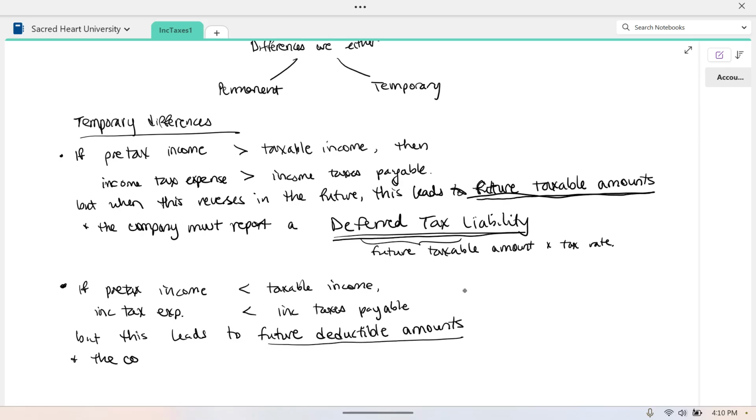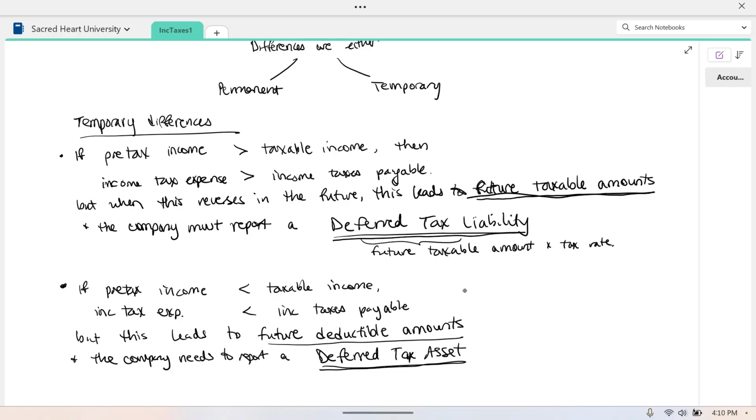And the company needs to report a deferred tax asset. So in plain English, this deferred tax asset is a way for us to tell investors that our future taxes that we actually have to pay are going to be lower related to whatever caused this future deductible amount.